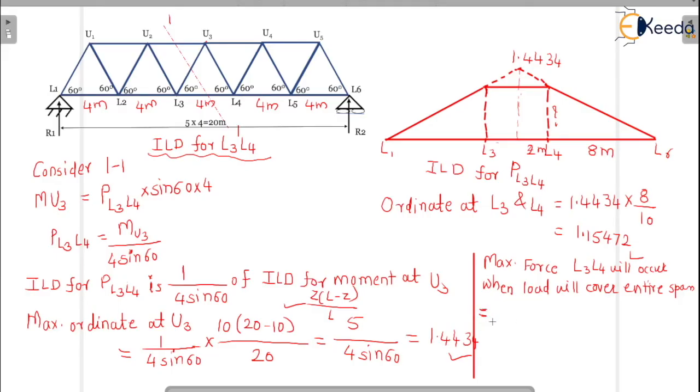So what will be the formula for that? We have to use the whole area of a triangle into UDL. So how are we going to consider that? Here L1 to L3 we know is 8 meter, L3 to L4 is 4 meter, and this is 8 meter.